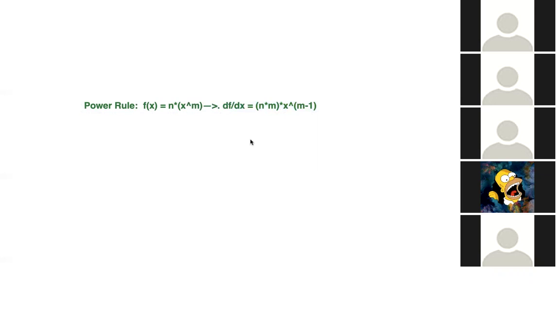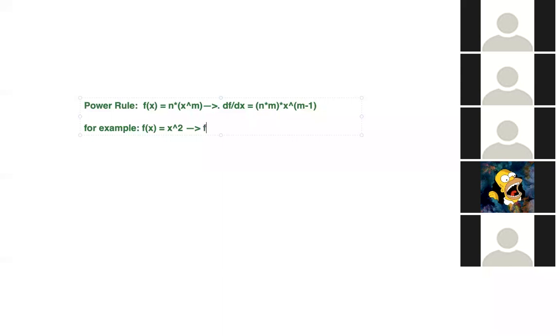But whenever you have subfunctions, so I'll give you an example. For example, let's say f of x is equal to x squared. That's sort of like the simplest example, right? Well, in this case, the coefficient in front of x is just 1.